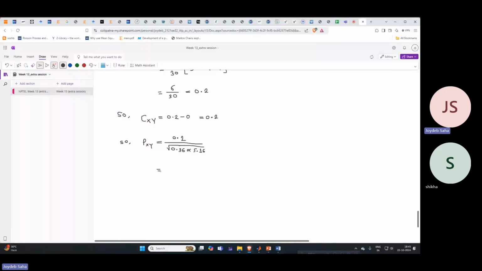So what will be the value? Let us calculate. This will be 0.2.